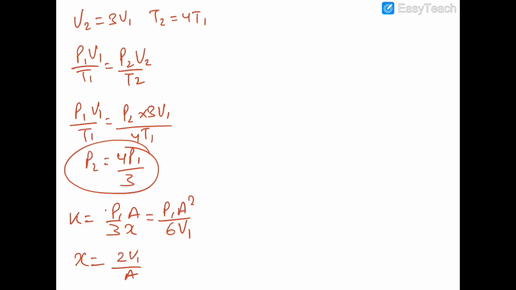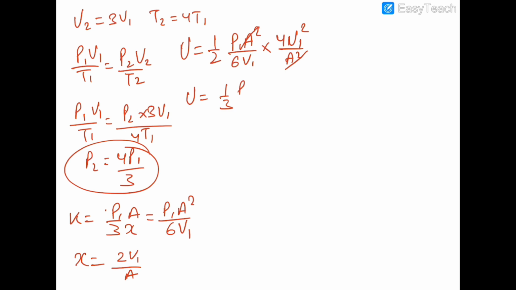This is the value of K, and the energy stored in the spring is half K X square, and X square will be 4V1 by A square. So U will be equal to 1 by 3 P1 V1.